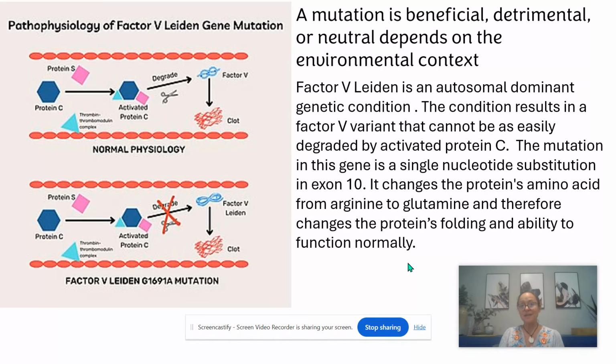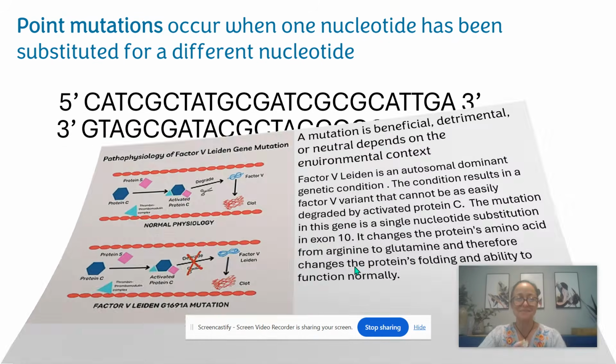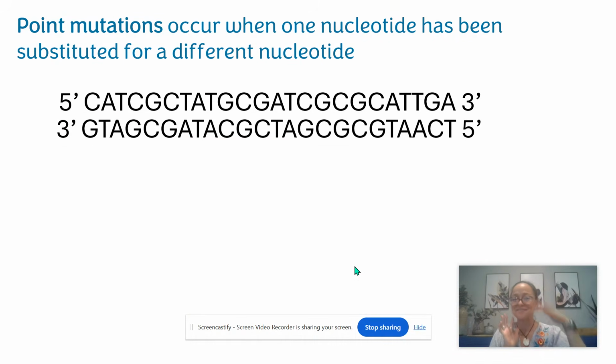But in modern society, if we take prescription drugs or antidepressants or birth control pills, etc., those chemicals we are adding into our bodies can interact with this mutation and increase a person's chance of clots, which would make it detrimental in today's society. So whether mutations are beneficial, detrimental, or neutral really does depend on the context of the environment. Okay, kind of a long example, but you'll be thankful for that when we get to natural selection.